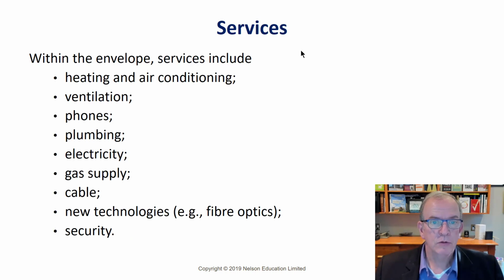And we've talked about services already in the previous chapter. So we've looked at the plumbing, the electrical, the HVAC systems, and anything that cuts through the envelope too we have to consider, because anytime you have something that cuts through something, it's an opportunity for air leakage, and that can lead to moisture leakage as well. And so there's all kinds of issues that come up with that.